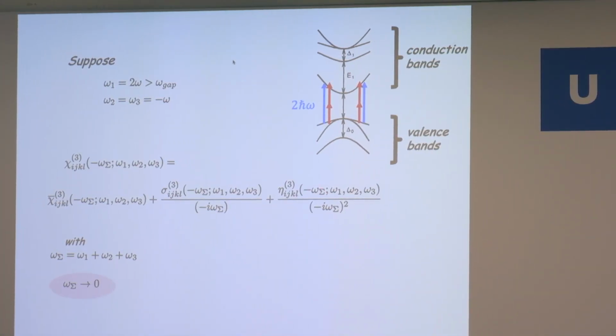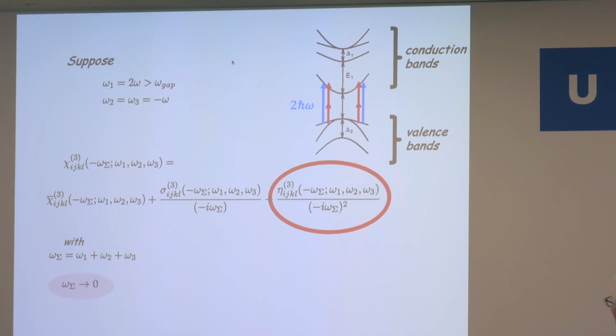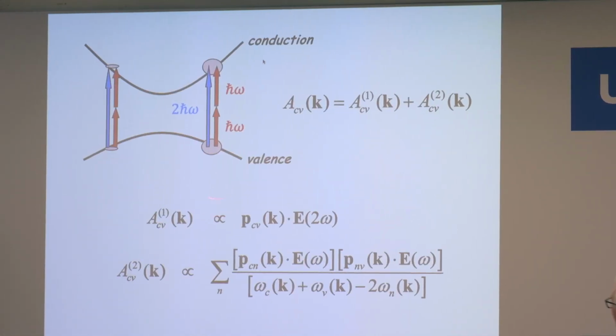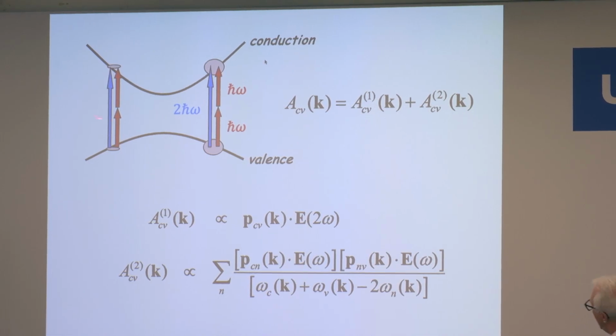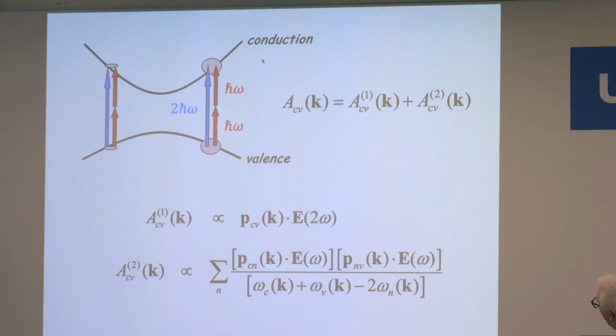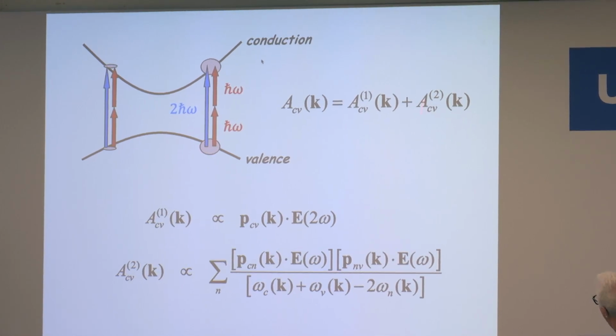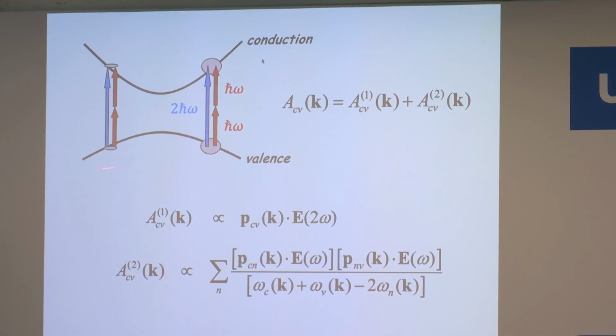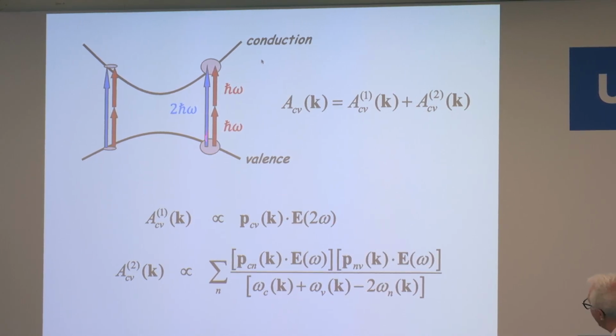For time reasons, let's just look at the eta 3 term here. That's current injection. And now here's the story. Now I'm interfering a 2-photon amplitude, at E of omega, with a 1-photon amplitude at E of 2 omega, and I can get constructive interference over here and destructive interference over here.